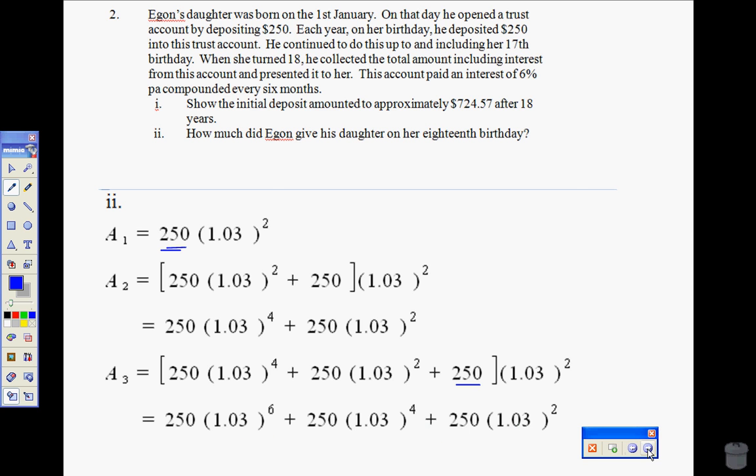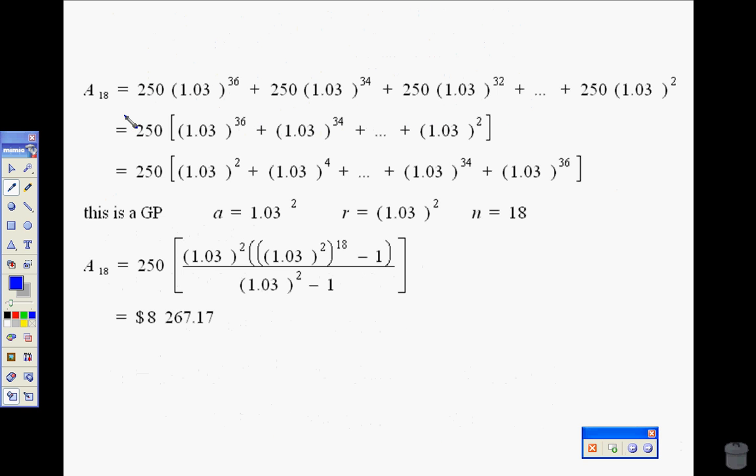So after 18 years though, this is what the pattern's going to start looking like. The 250, that's our original, that's the amount from part 1. So that's what the first amount comes to, to the power of 36. The one that was invested on her first birthday has 17 years, so it's going to be compounded 34 times.